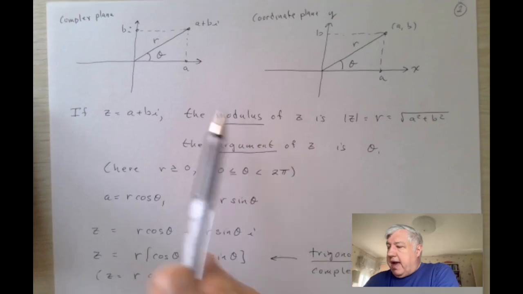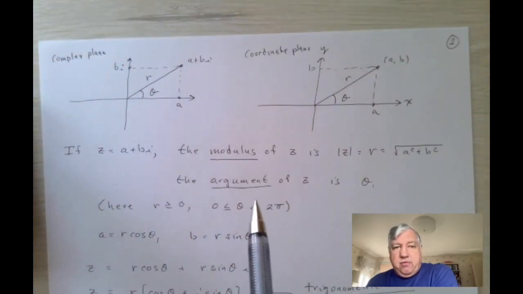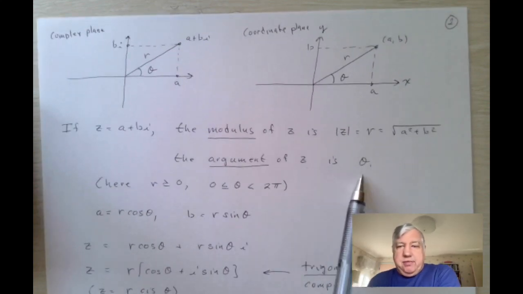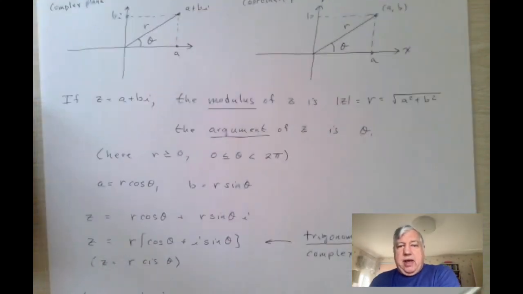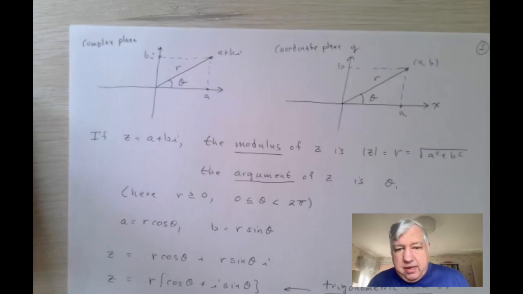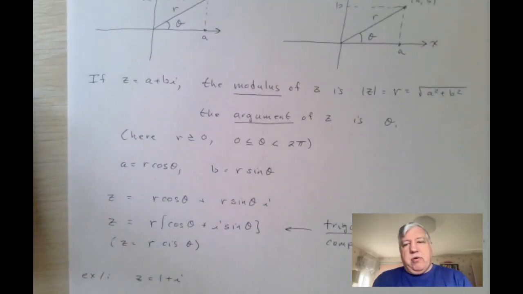And the angle that this makes with the positive real axis is called the argument of z, and we call that theta. r and theta are basically just the polar coordinates of the corresponding point in the coordinate plane, and we want them to be unique. So here r is always going to be greater than or equal to 0, and theta is always going to be between 0 and 2 pi.